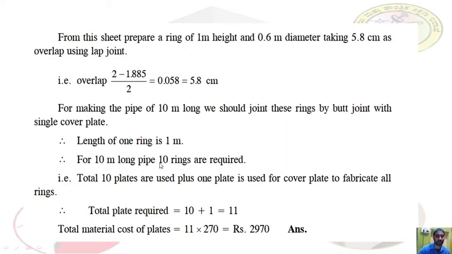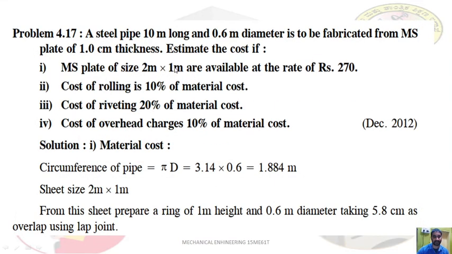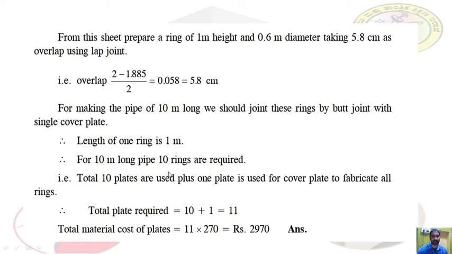For 10 meter long pipe, 10 rings are required, so 10 sheets of this size. Total 10 plates are used, plus one plate is used for the cover plate to fabricate all the rings. We cannot use these pipes directly; you have to join each ring, and for that we have to use one more sheet.